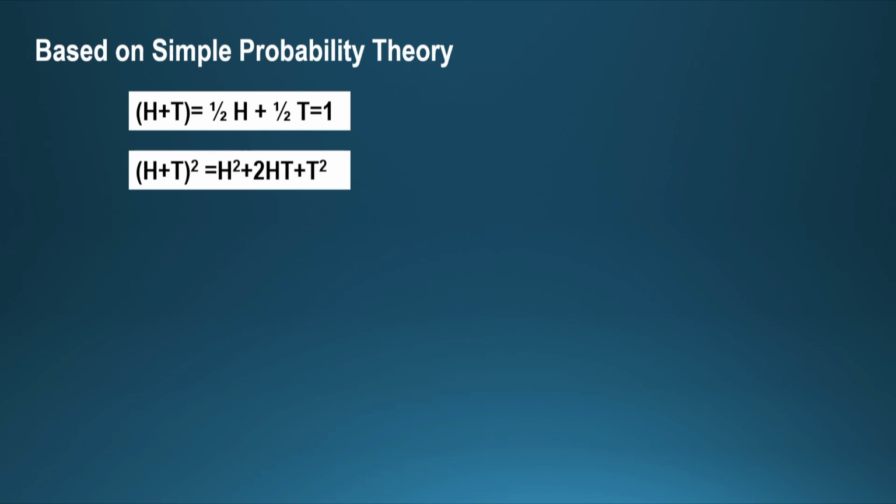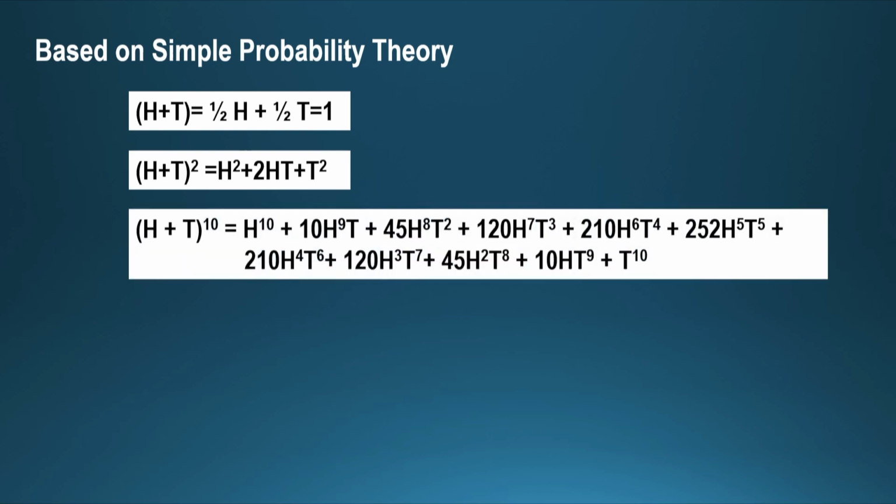If you simultaneously toss 10 coins, the equation would be something like h raised to power 10 plus 10 h raised to power 9 t plus 45 h raised to power 8 t square and so on, plus t raised to power 10.